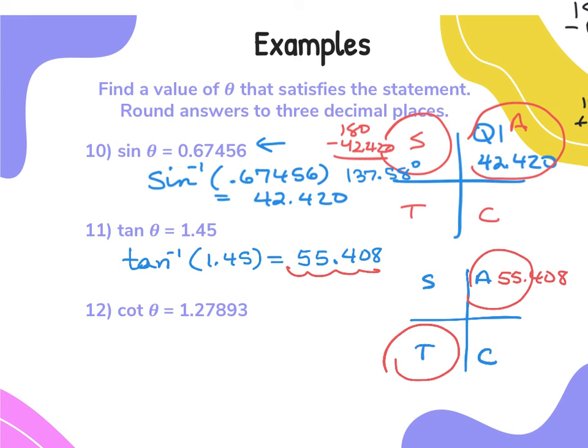To find the angle measure in quadrant 3, we take 180 and add that reference angle, and this gives me 235.408. So the two angle measures that will produce 1.45 when I do tangent are these two angles.